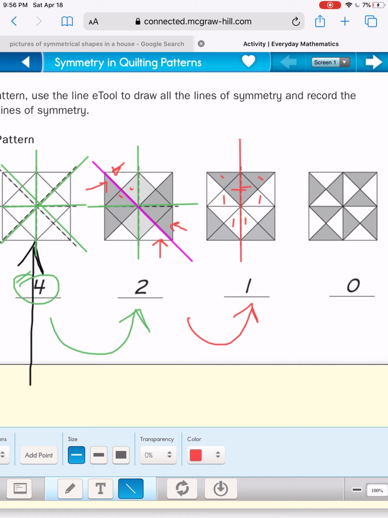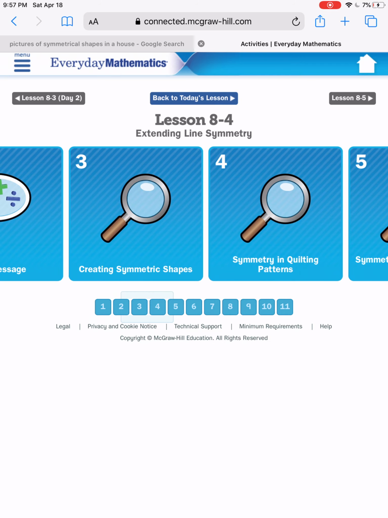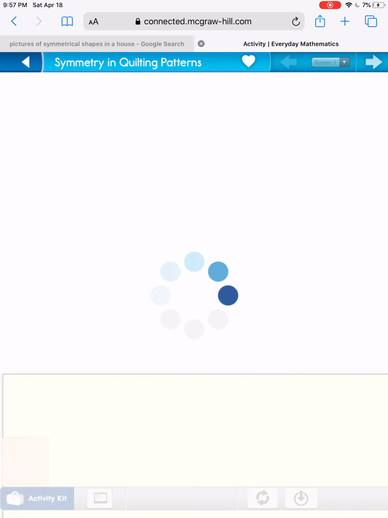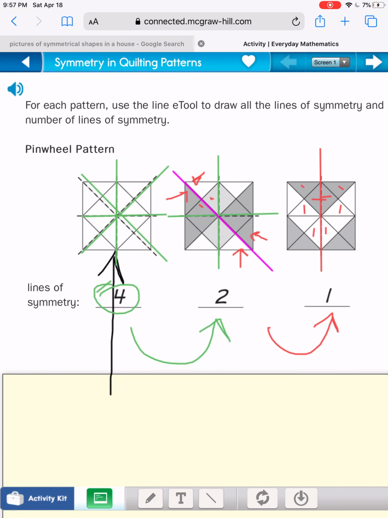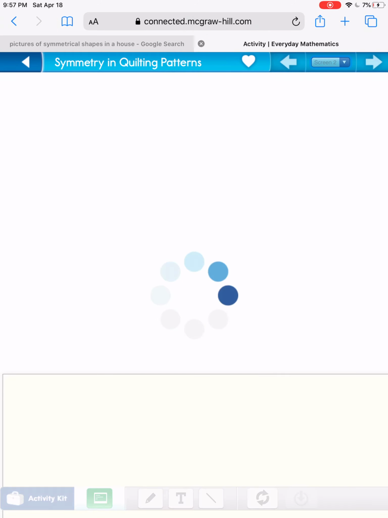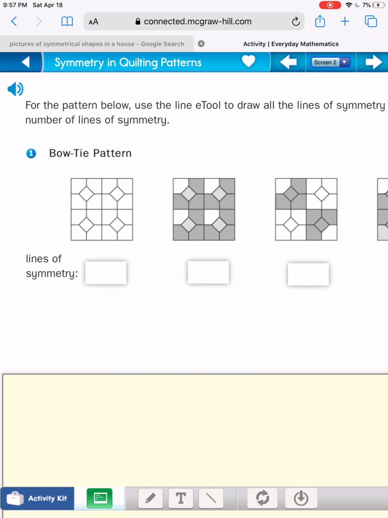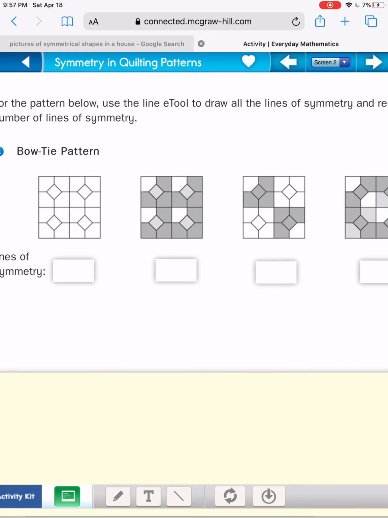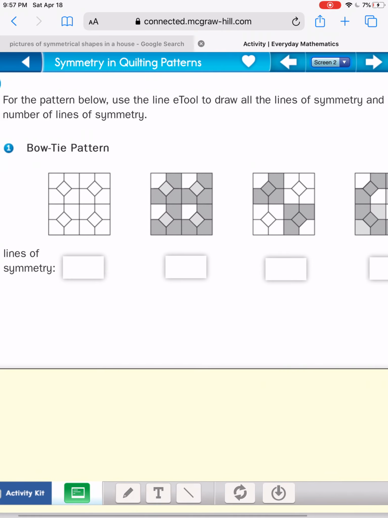So what you guys are going to do now is look at different kinds of quilted patterns. Sorry about that, guys. Okay, so now we have another pattern, which is called the bow tie pattern. And you guys are going to have to identify how many lines of symmetry there are.